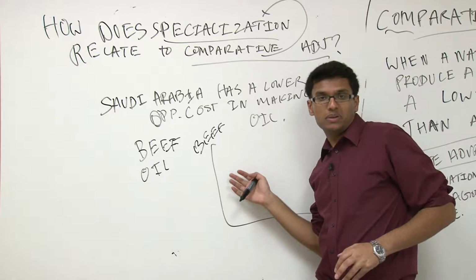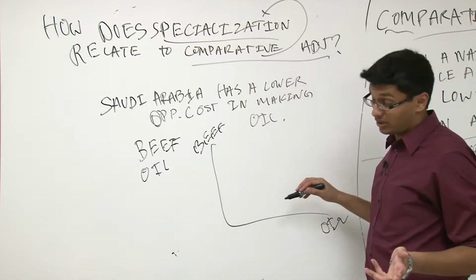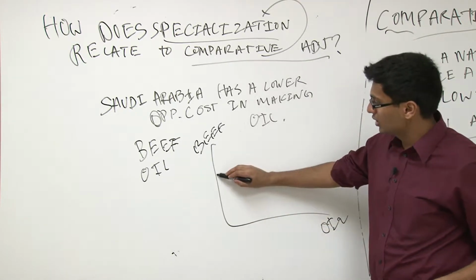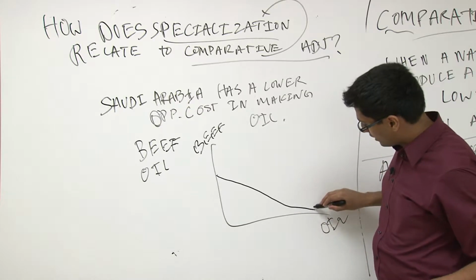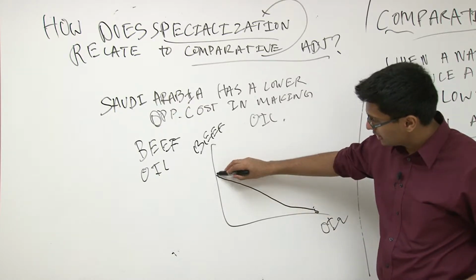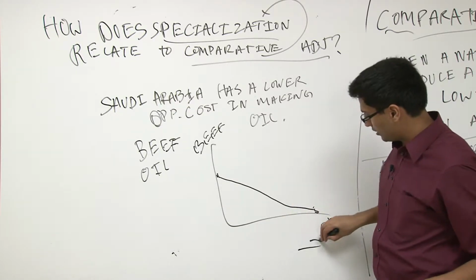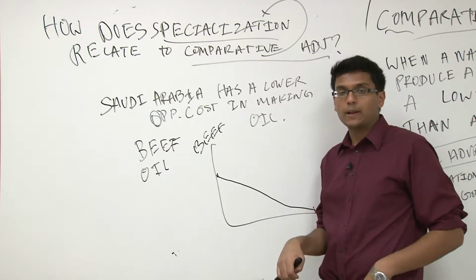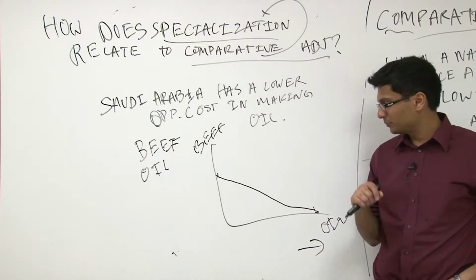Well, they don't have that much beef. I'm just making this up, but I know for a fact they have a lot of oil. So this graph would look like that, where this point is not so high, but this point on the x-axis is pretty large.